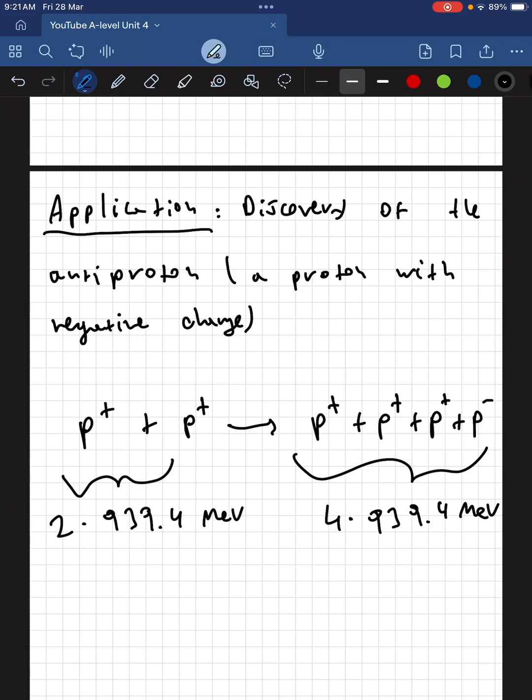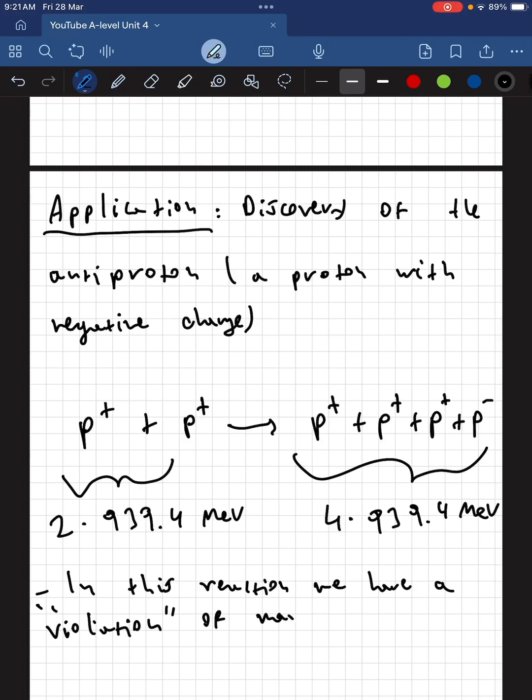Remember when I said that mass energy is conserved? In this reaction, it's not conserved. So the only way you can make this reaction possible is to provide energy. So in this reaction, we have a violation of mass energy conservation.